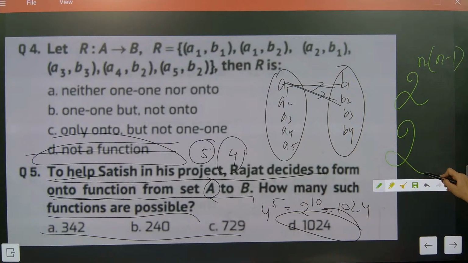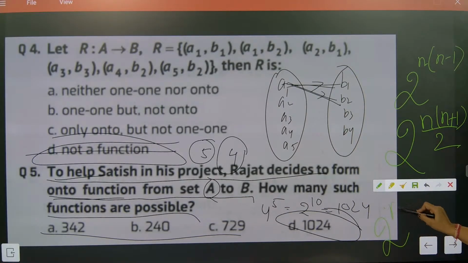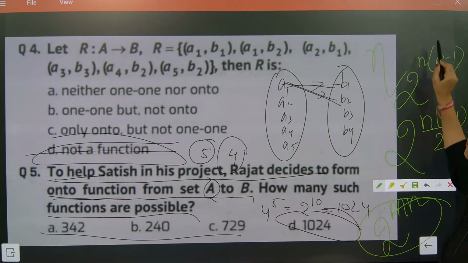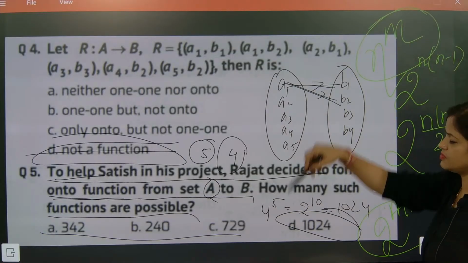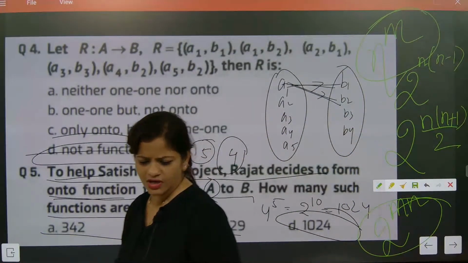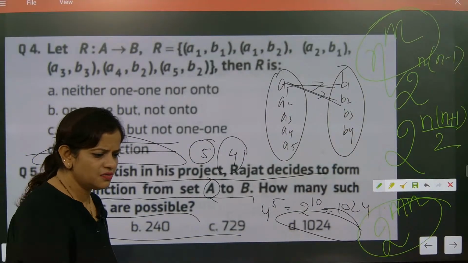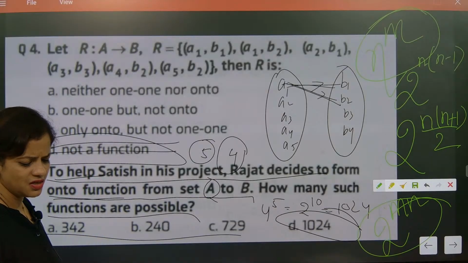Number of symmetric relations is 2 to the power n into n plus 1 by 2. Number of relations itself is 2 to the power n squared. Number of functions is n to the power m. Most of the time, same thing I am teaching.